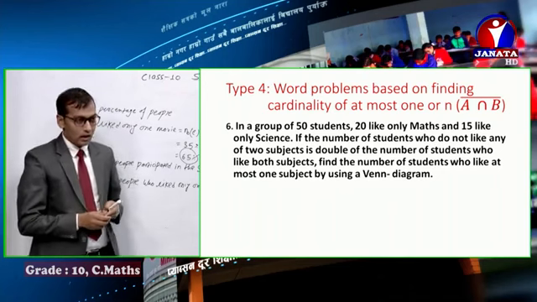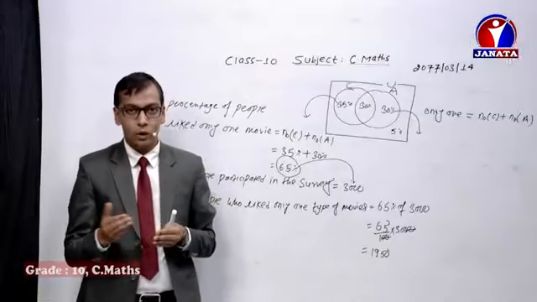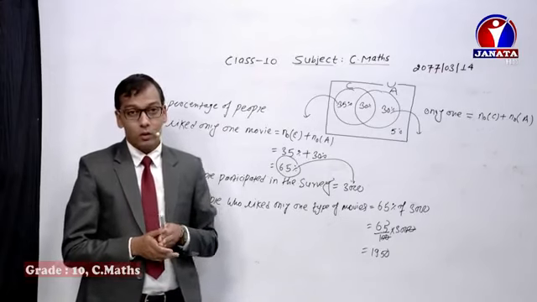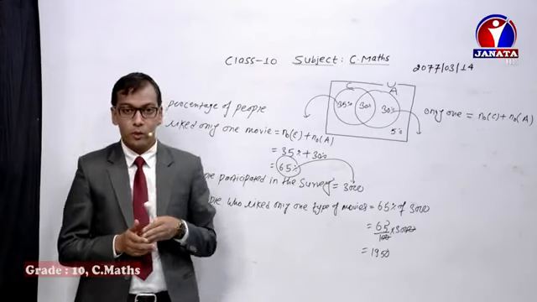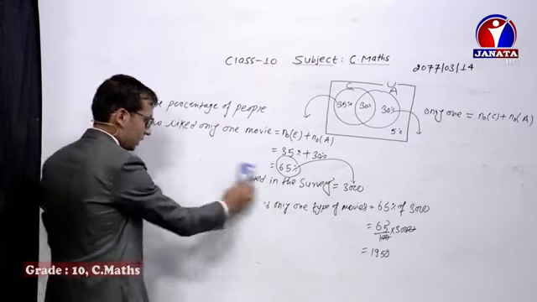I already said at the beginning of the class that I have two objectives for today's class. The first objective is word problems based on percentage and number. This is done.